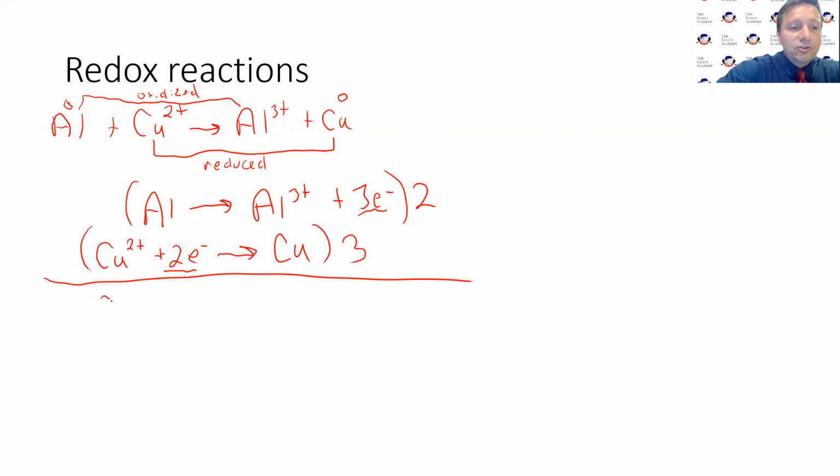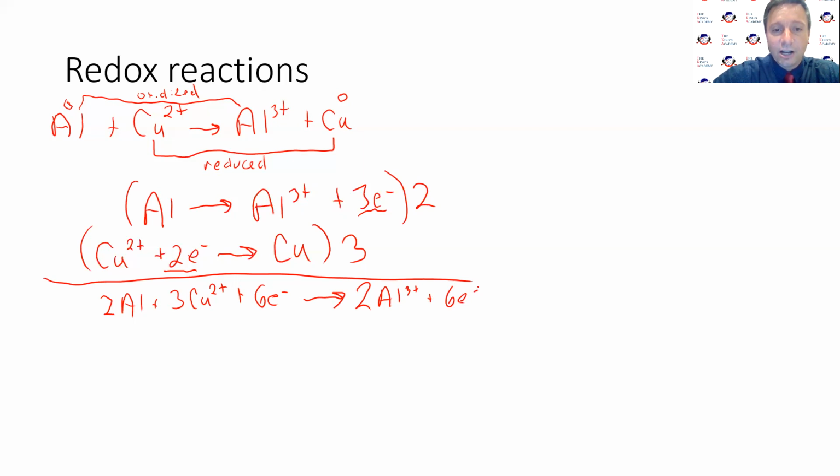So now I get 2 aluminum plus 3 copper 2 plus 6 electrons. Now I get my arrow, and I get 2 aluminum 3 plus 6 electrons plus 3 copper.